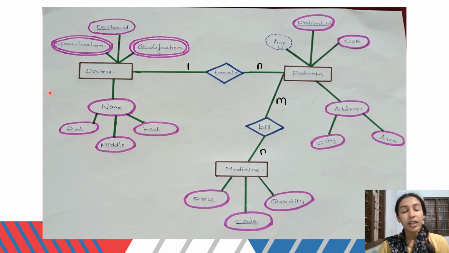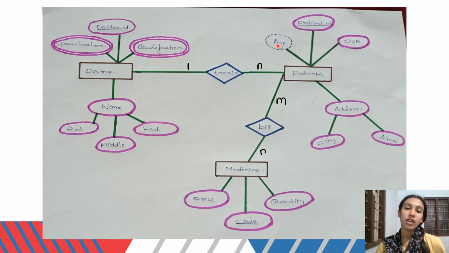Composite attribute is very important. And what is a composite attribute? A composite attribute is an attribute that can be split into more. So here, name is an attribute, and in that name there can be first, middle, and last. So the name can be split into first, middle, and last. And when we talk about the patient, the patient has patient ID, date of birth, age, and address. Here also patient ID is a key attribute, and age is a derived attribute.